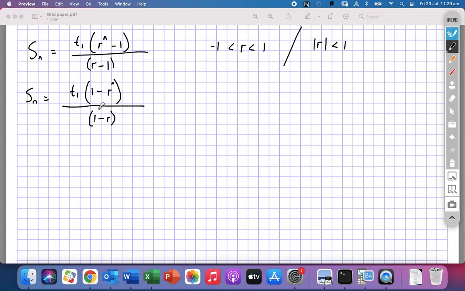But what we're saying is, as n tends towards infinity, this r to the n value effectively becomes 0. It's never actually going to reach 0, but it's going to get very, very close to 0, right? And here we don't have r to the n, right?